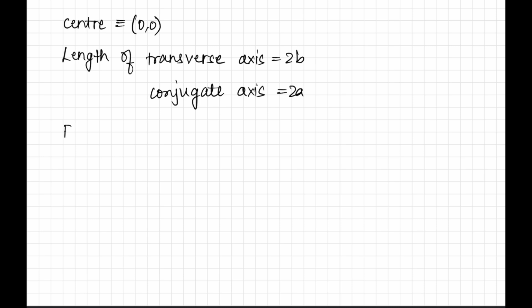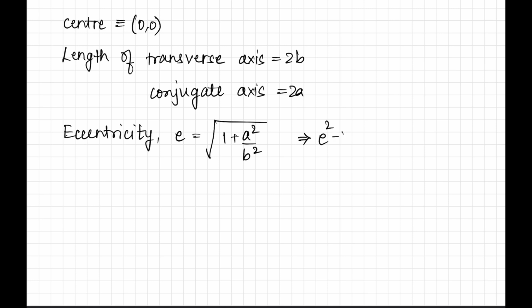Next is eccentricity. The eccentricity of the conjugate hyperbola is given by square root of 1 plus a squared by b squared. If we rearrange this equation, we get e squared minus 1 equals a square by b square, or we can also write a square as b square into e squared minus 1. So this is the formula for eccentricity.